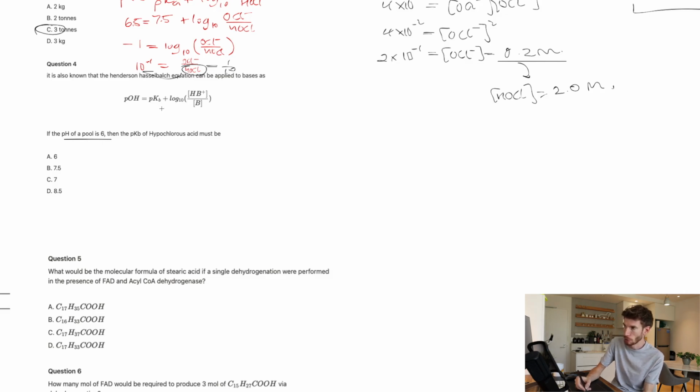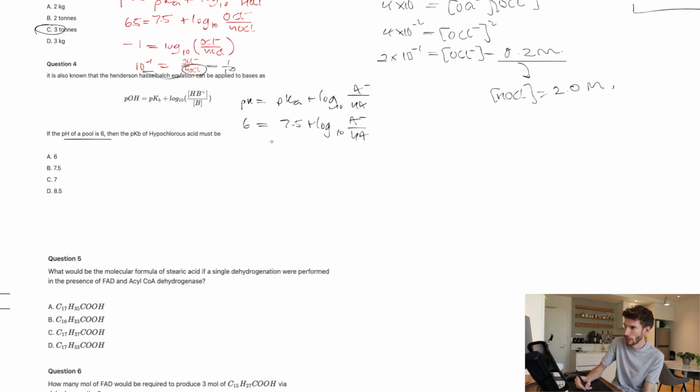So what we want to do is relate the other Henderson-Hasselbalch equation to this one. That was pH equals pKa plus log 10 of A negative over HA, like that. And remember that we know that pKa is 7.5. So we could start with 6 is equal to 7.5 plus log 10 of A negative over HA.